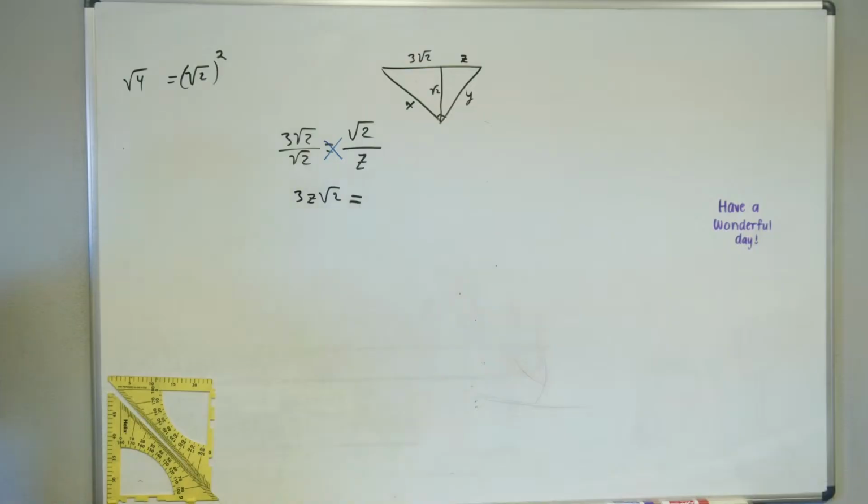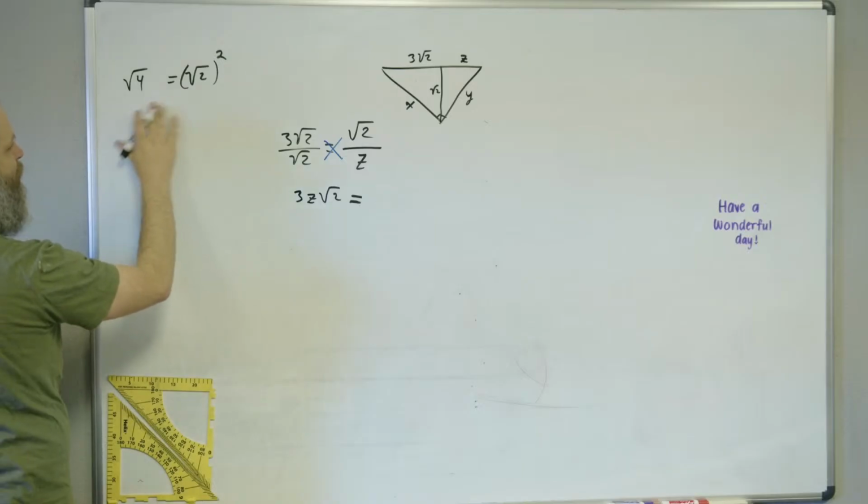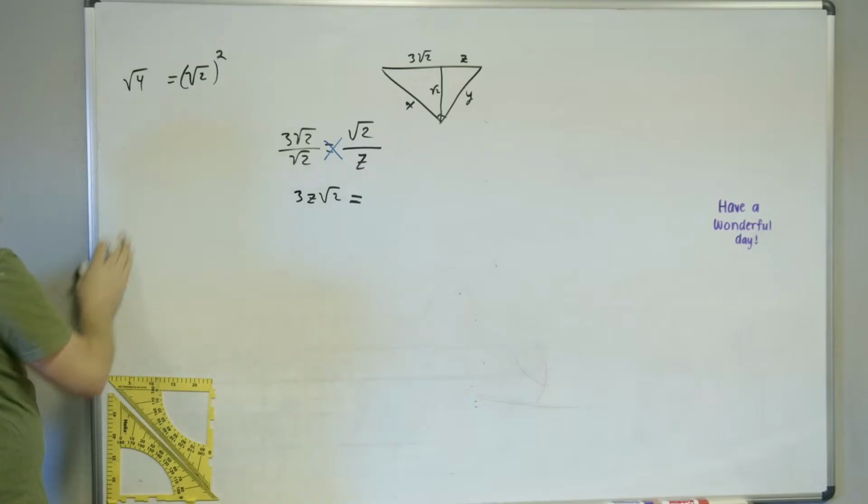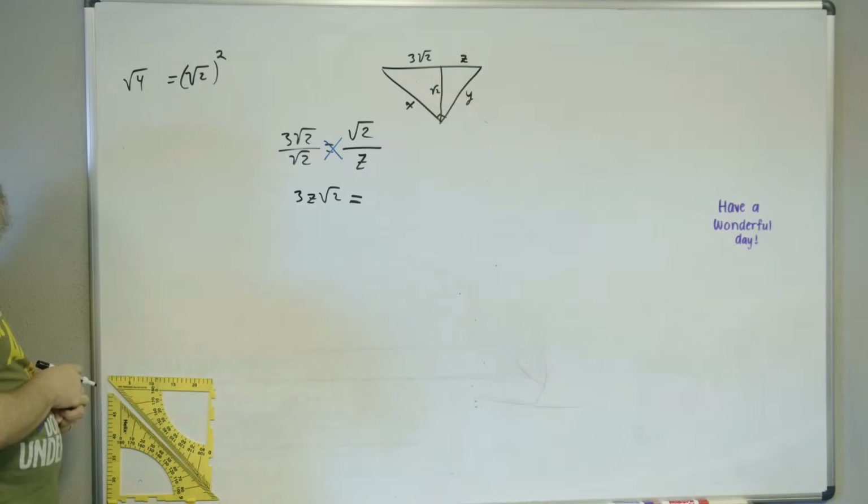Now, this is going to give us some intuition for what's going to happen here in a minute. What's the square root of 4? What times itself twice is 4? 2.